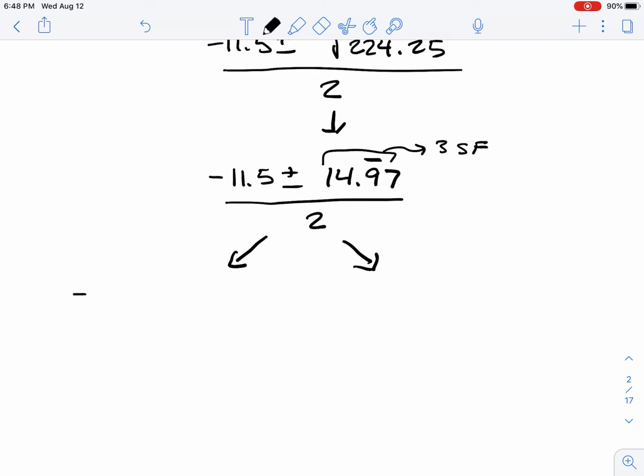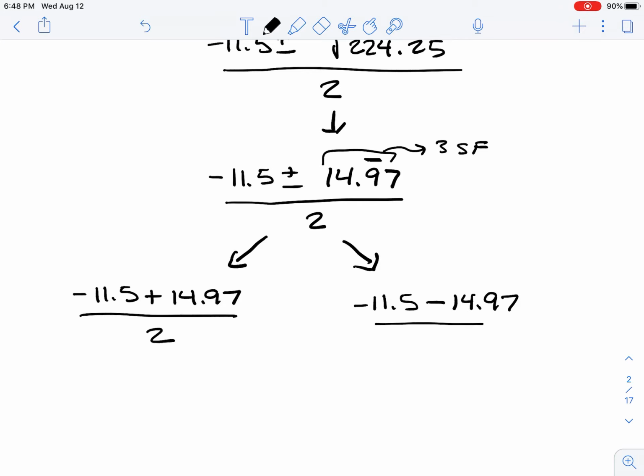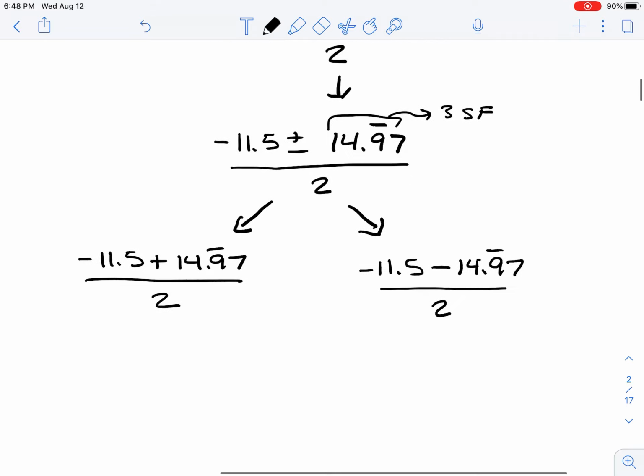So we have negative 11.5 plus 14.97 over 2. And then here we have negative 11.5 minus 14.97 over 2. Okay, and I'm going to put that horizontal line over the 9, just a reminder for sig figs.